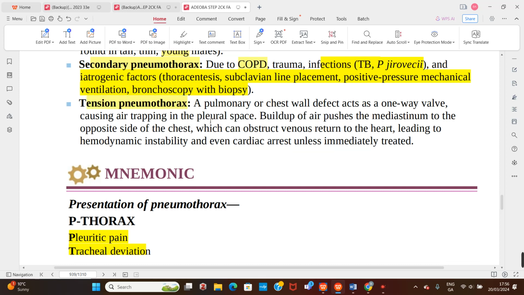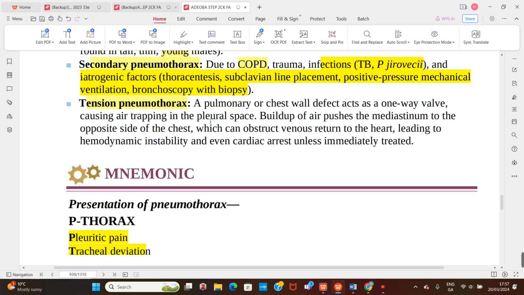So tension pneumothorax just means you have a one-way valve. That opening that has been created is allowing air to move in during inspiration, but it's not allowing air to get out during expiration. So that is tension pneumothorax. So at the end of the day, the air is going to be building up, and it will compress that lung tissue first.